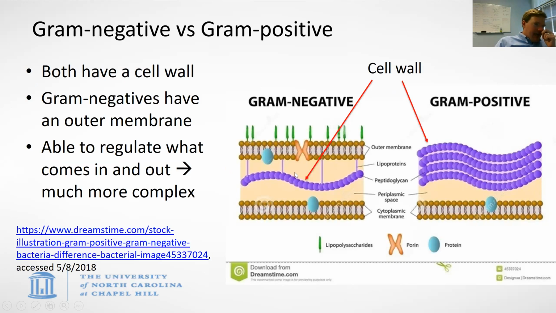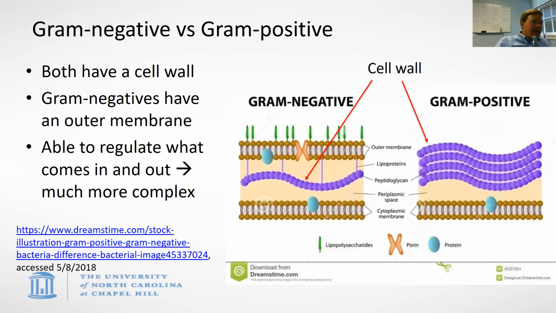That gives it more control over what comes into contact with its surface. They can regulate the space between their outer membrane and their cell wall. A lot of antibiotics work by damaging the cell wall, and the gram negatives might be able to deny entry to the antibiotics or pump them out, or get really high concentrations of enzymes that break down antibiotics in that space.